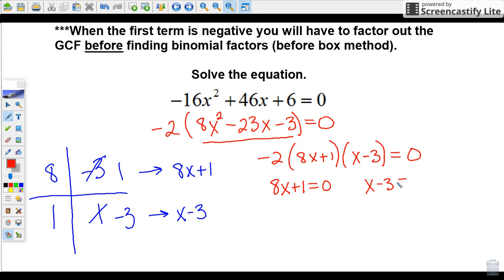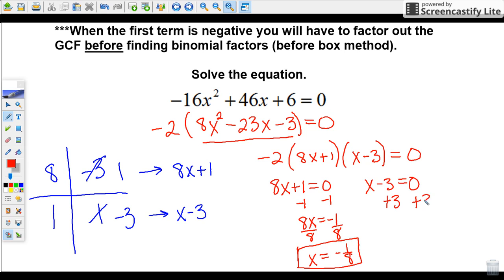Set them equal to 0 and solve. Subtract 1. 8x equals negative 1. Divide by 8. One solution is that x equals negative 1/8. Over here I'd have to add 3. And I would get x equals 3.